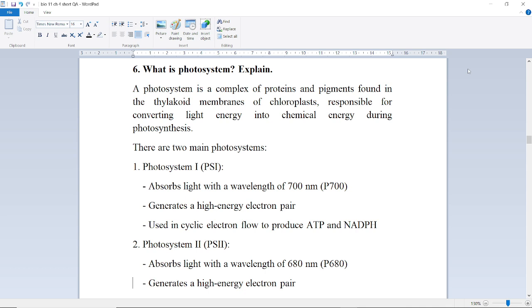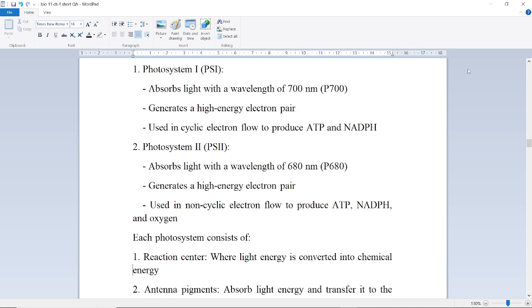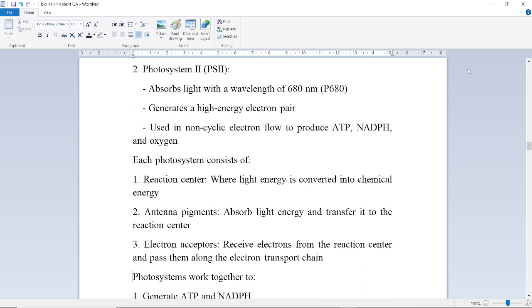P700 generates a high-energy electron pair used in cyclic electron flow to produce ATP and NADPH. Photosystem 2 absorbs light with a wavelength of 680 nanometer. P680 generates a high-energy electron pair used in non-cyclic electron flow to produce ATP, NADPH, and oxygen.